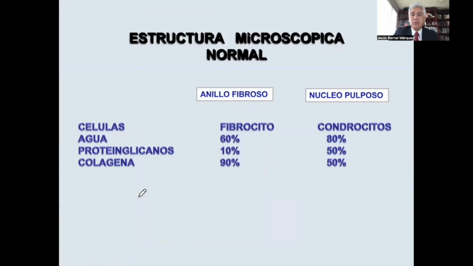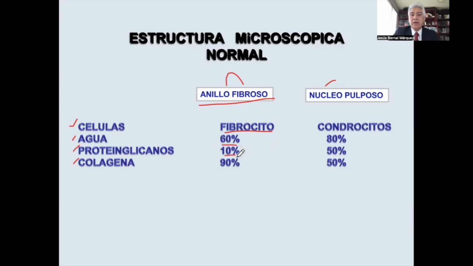We're going to see how much and what cells, how much water, protein glycans, and collagen they have. Let's start from the outside in with the annulus fibrosus. What cells does it have? Well, it has fibrocytes. 60% of the annulus fibrosus is water, while 10% are protein glycans.